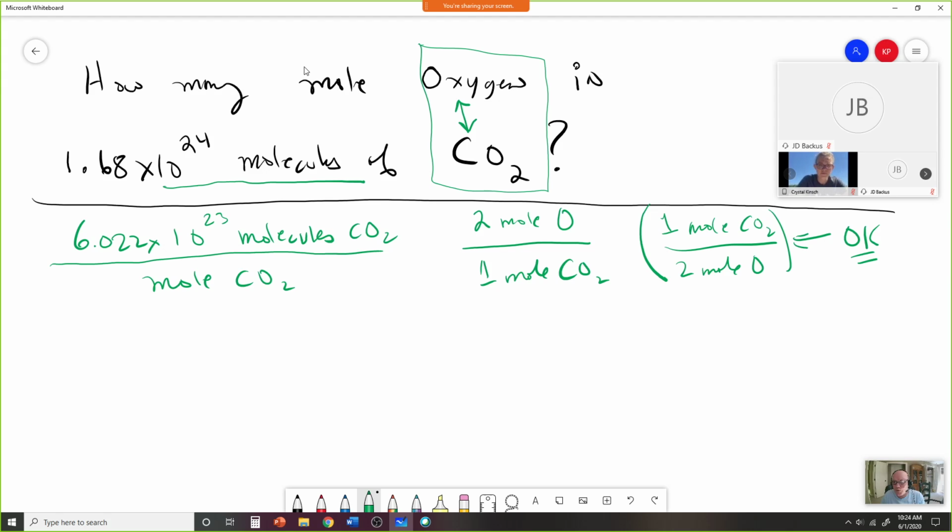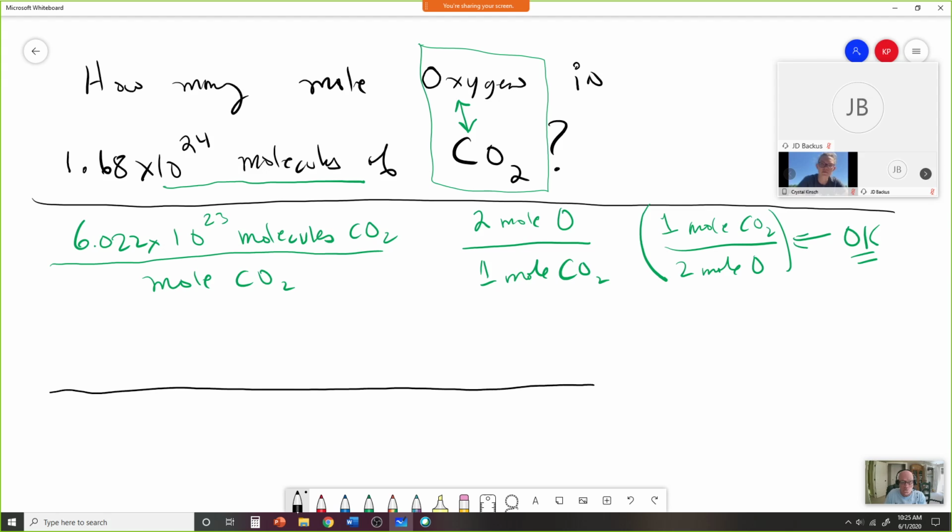It doesn't matter which one you put on top, which one you put on the bottom, because you're going to decide whether you're going to use it like it is or flip it over when you do your problem. Okay, so we've asked both questions, and the answer is yes to both. It could have been just one or the other.